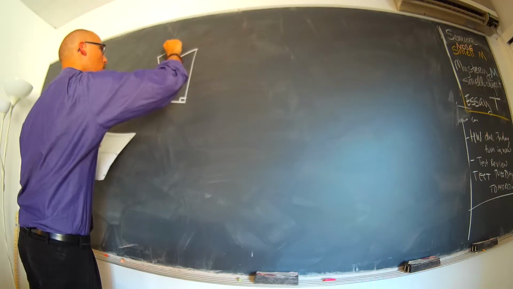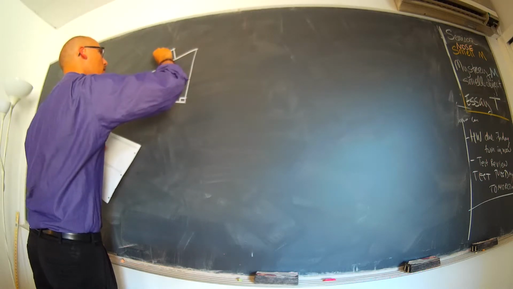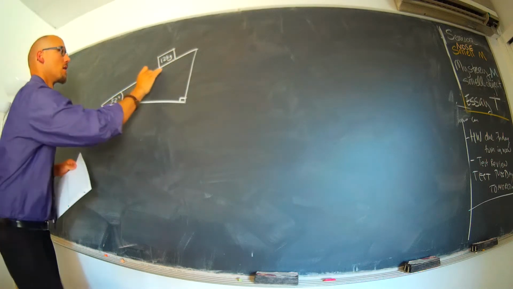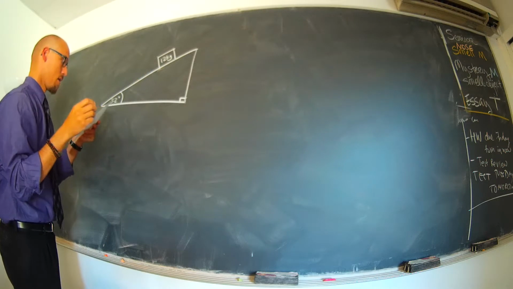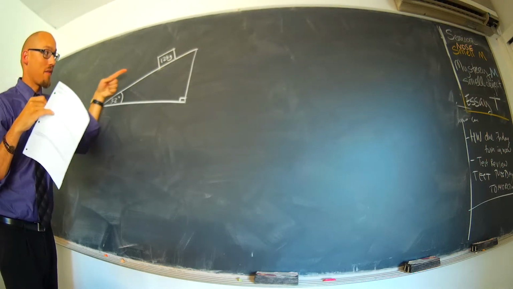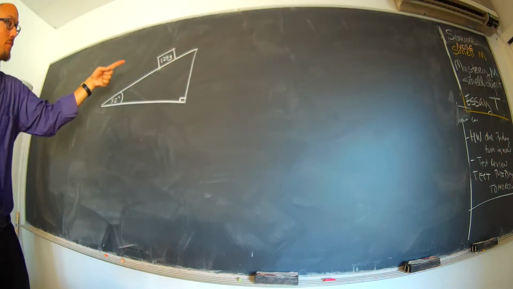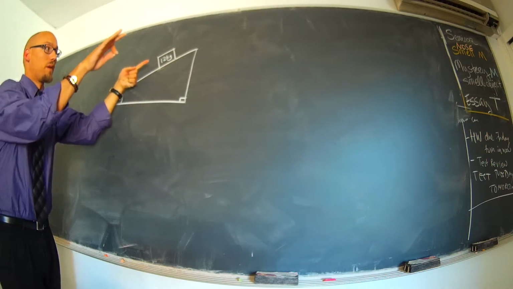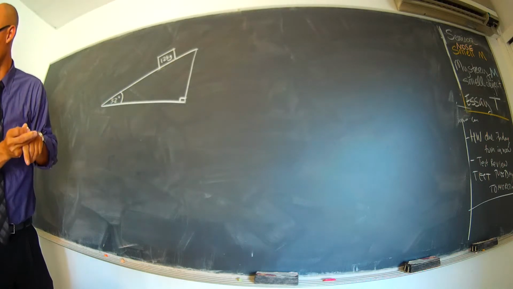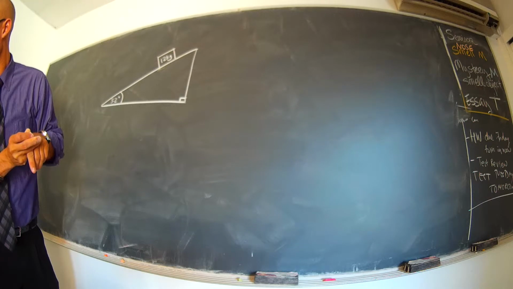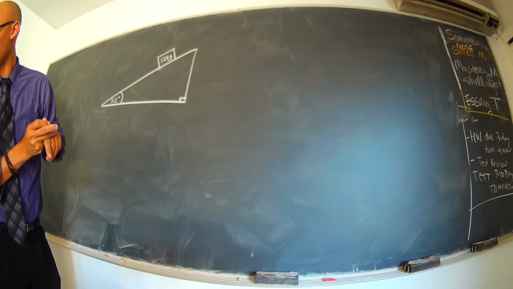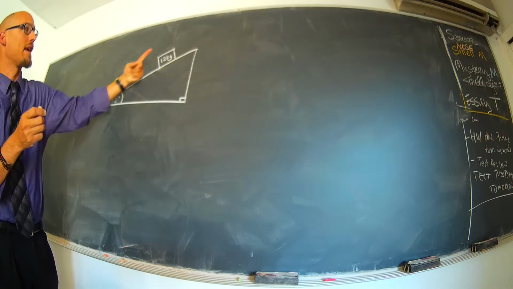So, a 12 kilogram box. We're going to apply a constant force to it, this way, but it's going to be sliding down at 3 meters per second squared. Find the constant force applied parallel to the incline.